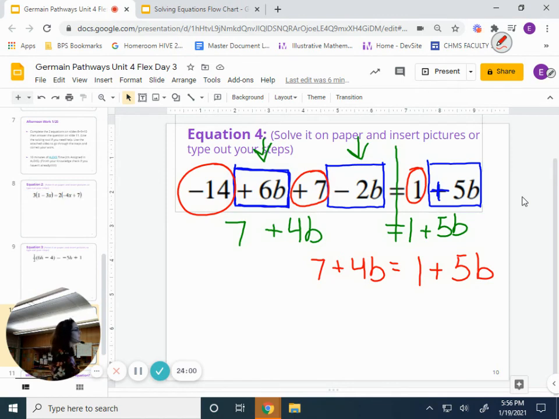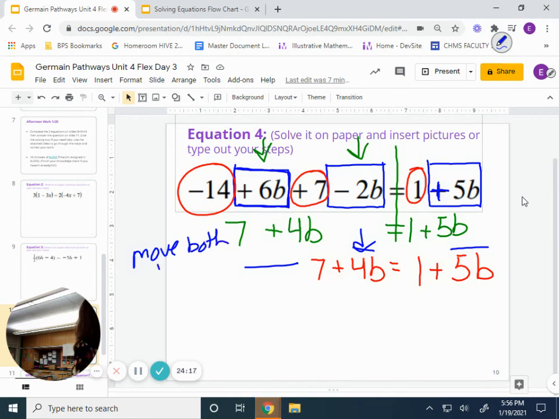Okay, so I need to move my smaller of the 2 b's. This guy's not too bad. I have a 4b and I have a 5b. Which one is smaller? Oh my gosh, you're right. That 4b is smaller. I need to move it over to the other side. Remember, we move both parts by adding or subtracting.